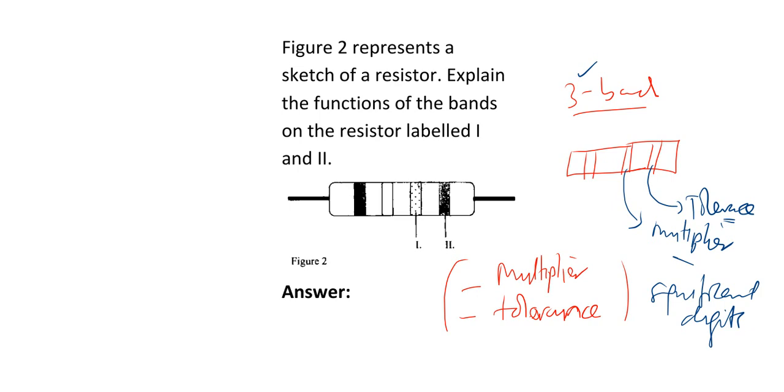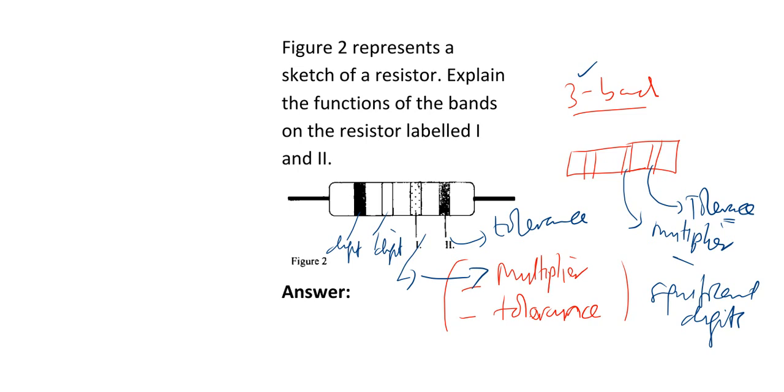So in this 4-band resistor, the last one from the far right will be for the tolerance, and the one following that will be for the multiplier, and the others will represent digits. So this one will represent a digit and this one will represent a digit.